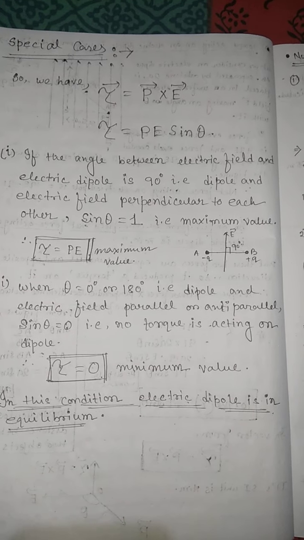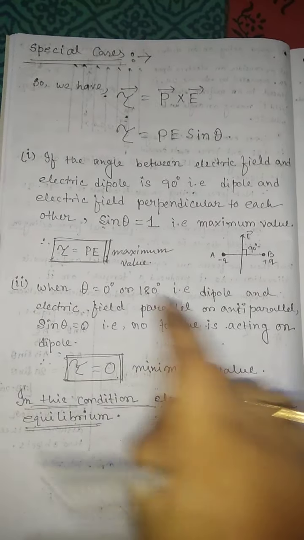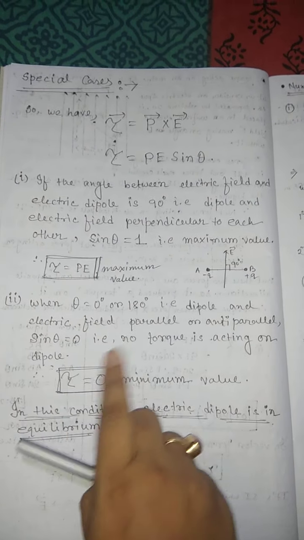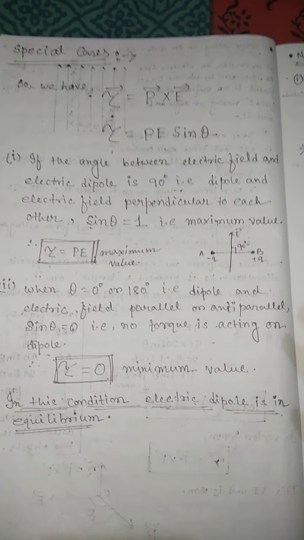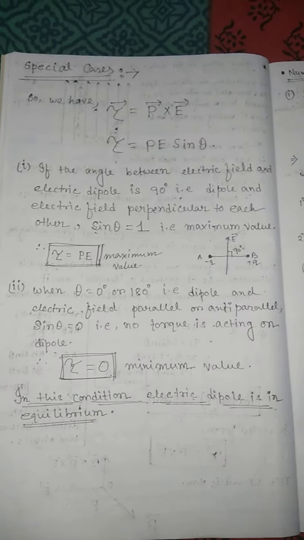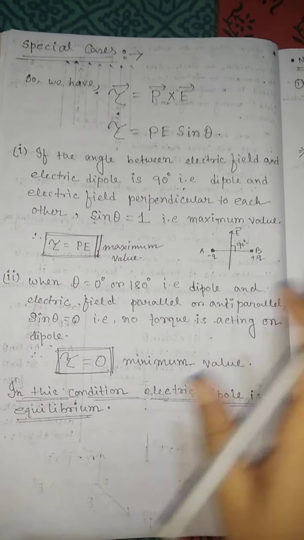When no force acts on an object, the object is in equilibrium. So when theta equals 0 degrees or 180 degrees, tau equals 0, no torque acts on the dipole, and the electric dipole is in equilibrium. Clear? Thank you.